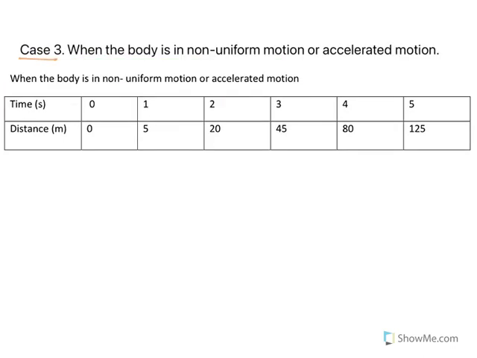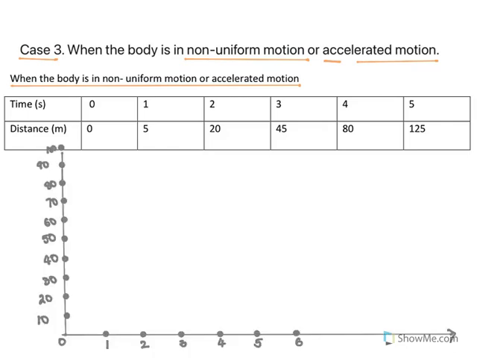We now go to case 3, when a body is in non-uniform motion or accelerated motion. So when a body is in non-uniform or accelerated motion, here is the table, and let's plot the graph. So here is the distance time graph. The time is always taken on the x-axis. It is measured in seconds. Distance is taken on the y-axis.